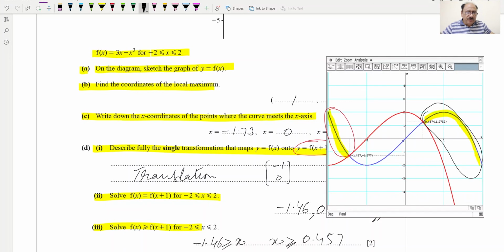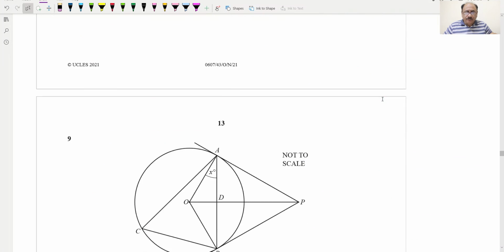This is a 2 marks question we have done, and I have explained it from the graphic screen which we have captured.